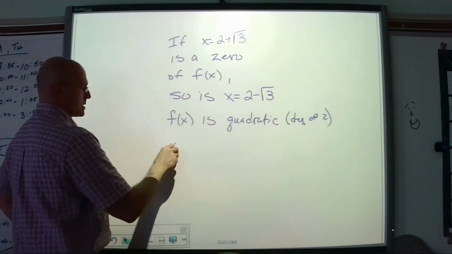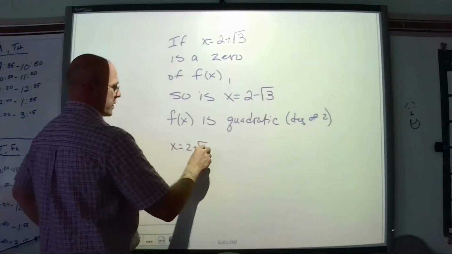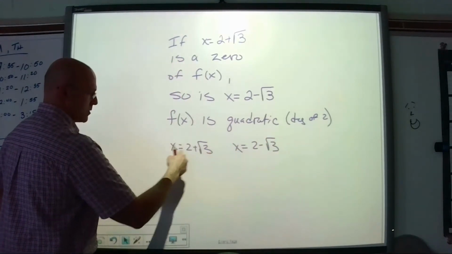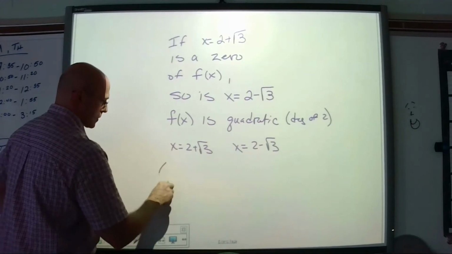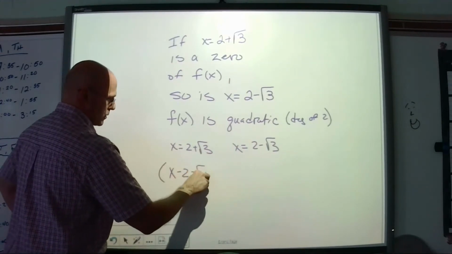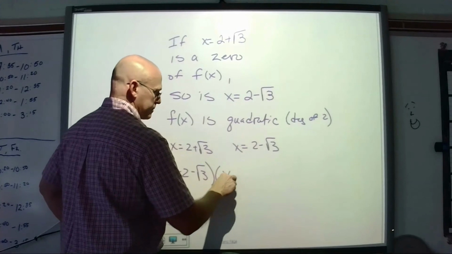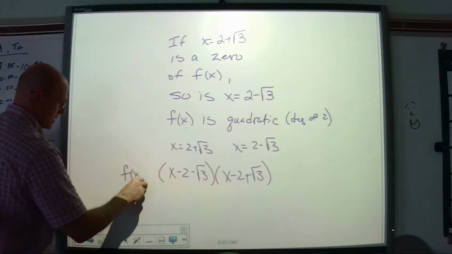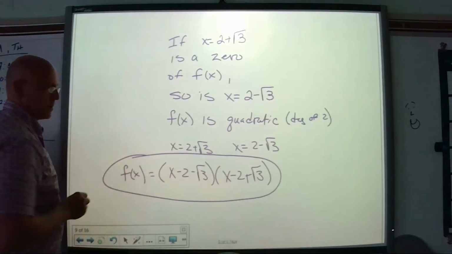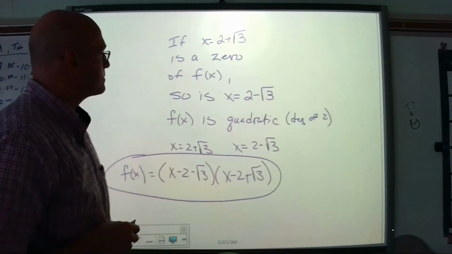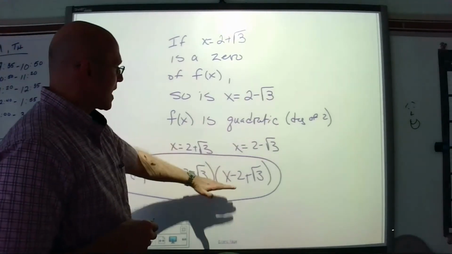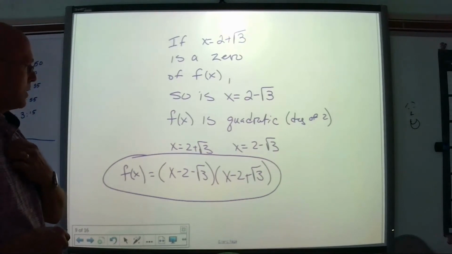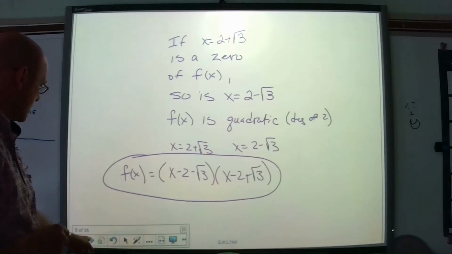Because you could say, oh, x equals 2 plus radical 3, x equals 2 minus radical 3. These are my zeros. This factor is x minus 2 minus radical 3. And this factor is x minus 2 plus radical 3. And if I wanted to find f of x, I would just take those two and multiply them together. So I could take the zeros, write them as factors, and multiply them out to get my function. All right. Yep, that's what I could do.